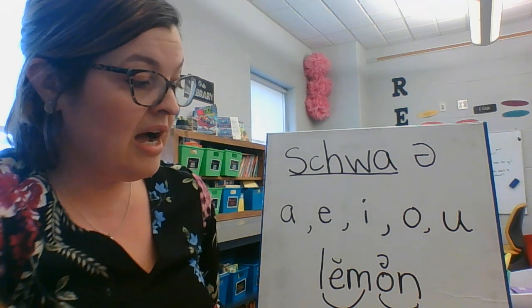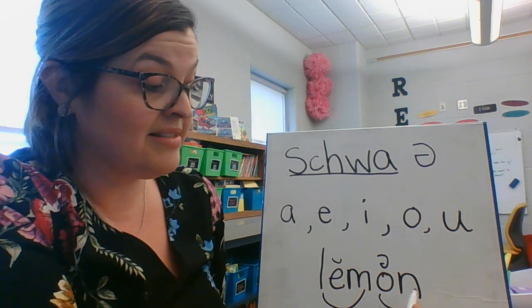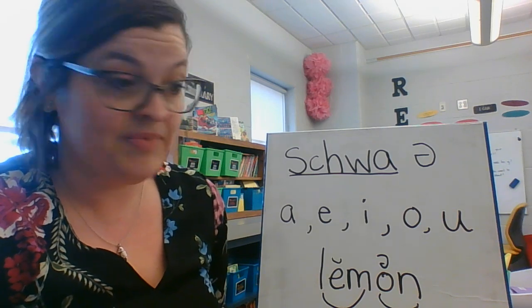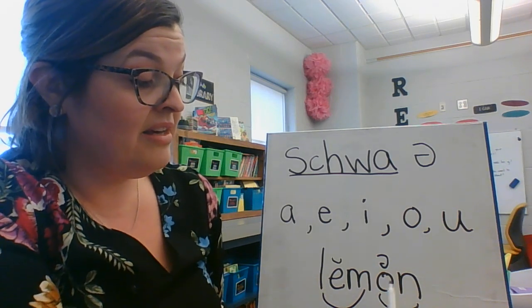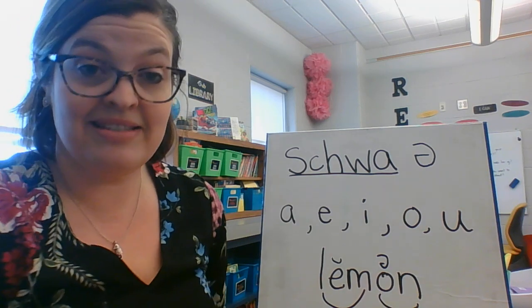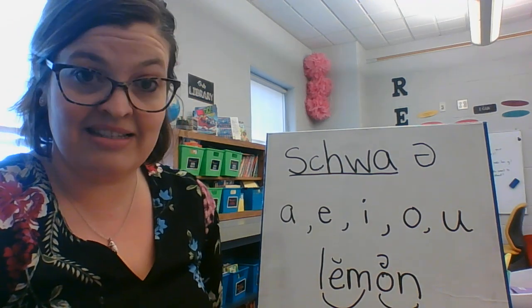This is still a closed syllable though because it's closed in by the consonant. So in lemon, the schwa is the O, in the unaccented syllable.